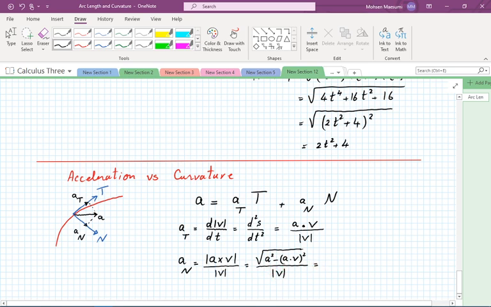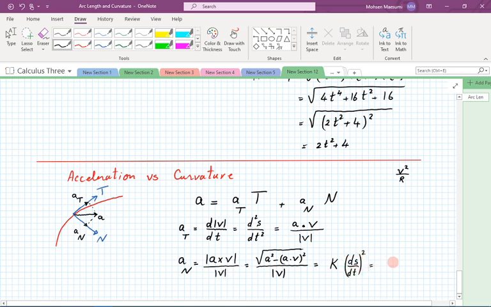And finally, the connection of this thing with curvature. In your physics class, probably you have seen that famous expression v squared over r that shows up in many formulas related to going in a circle and such. Well, 1 over r is the same as k, our curvature, and v is just ds dt, that's the velocity, squared.